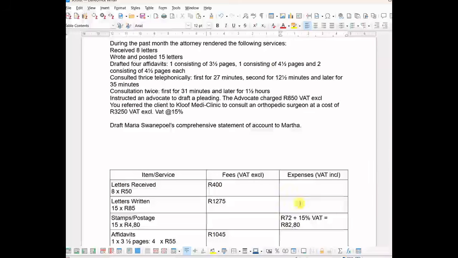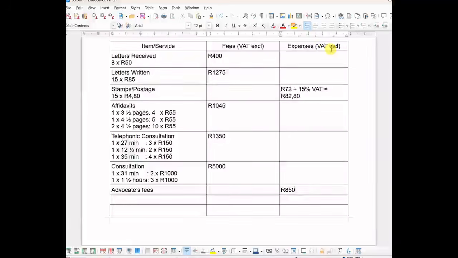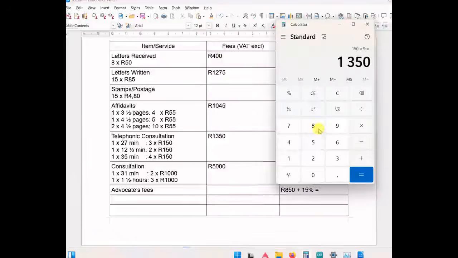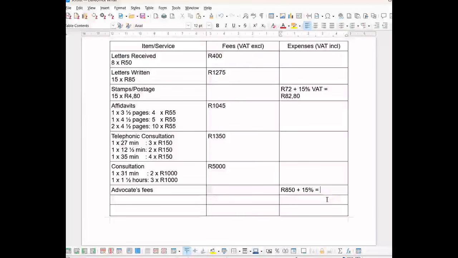850. Now important to remember here is they said it was excluding VAT. So when we put into this column, because this column is including VAT here, we need to keep everything the same. So 850 plus 15% VAT equals, so 850 multiplied by 1.15 gives us 977 Rand and 50 cents.